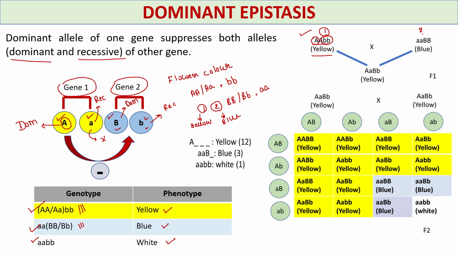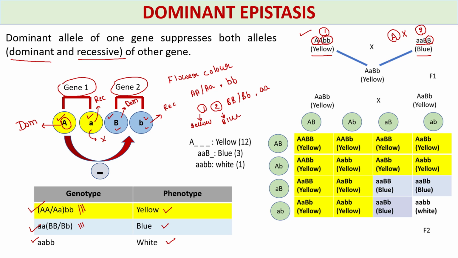Parent 2 has genotype small a small a, capital B capital B. The flower is blue because allele capital A is absent here. So allele capital B is not suppressed.